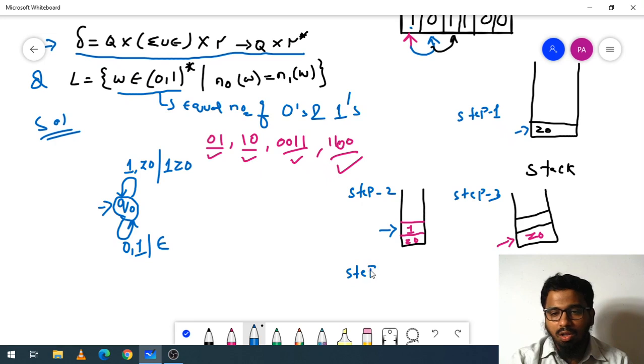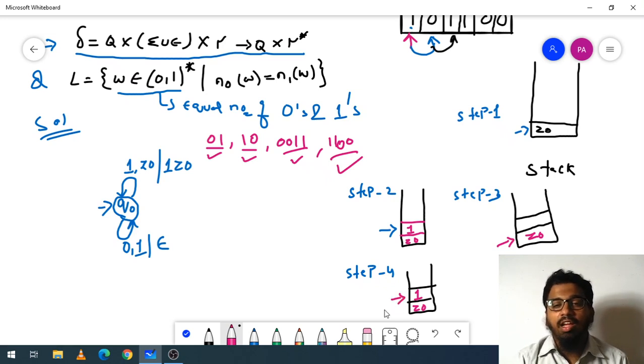Step 4 is just adding 1 and Z0. Z0 is there, and we are adding 1 also. Step 4 is finished, so we have just 1 Z0.